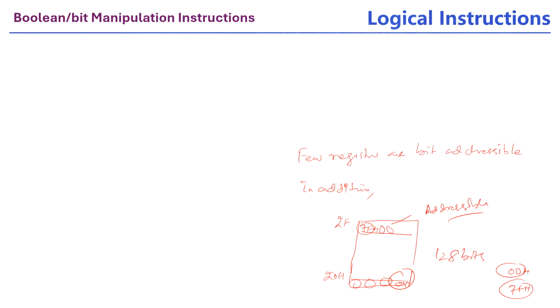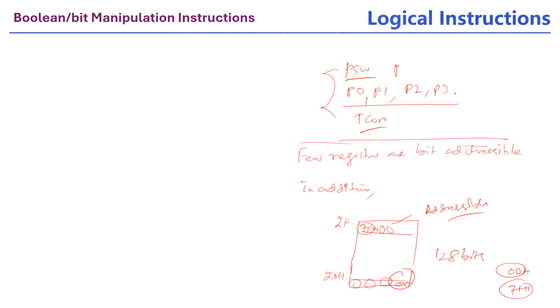In addition, you can also use any register which is bit addressable. Let us consider PSW is bit addressable, the port 0 register is bit addressable, port 1, port 2 register, port 3 register, and the TCON register. These few registers are bit addressable.